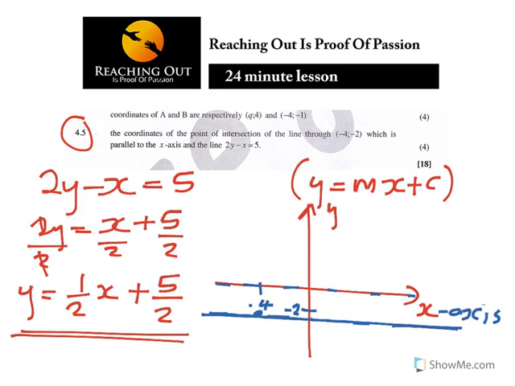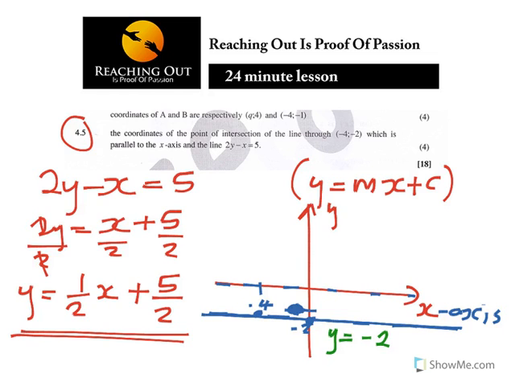Remember, it is parallel. The -2 is supposed to be here in that line. That point is the one with -2, not the other part. So this particular line is y is equal to -2.